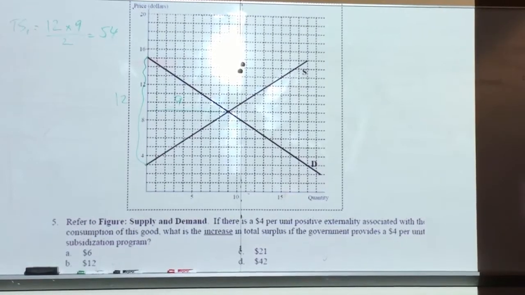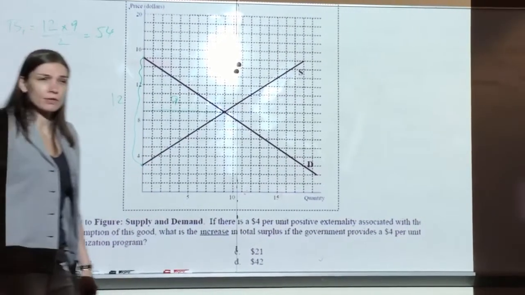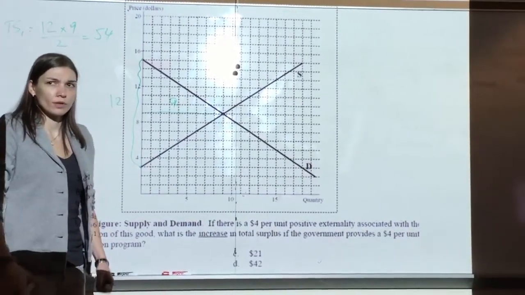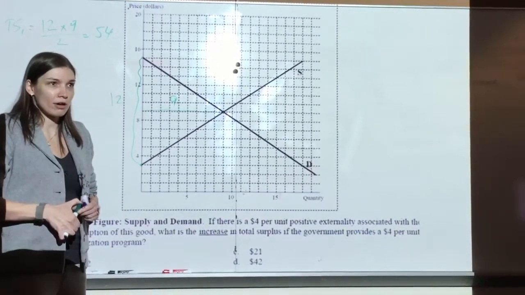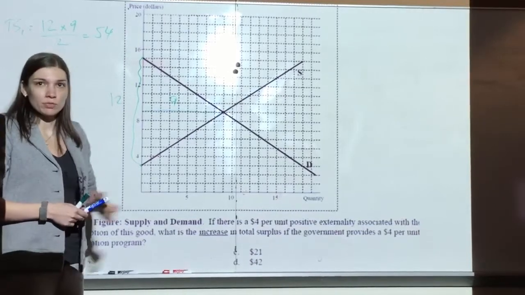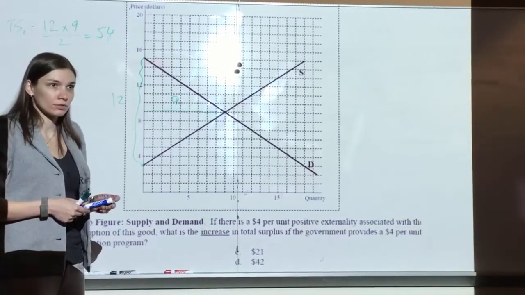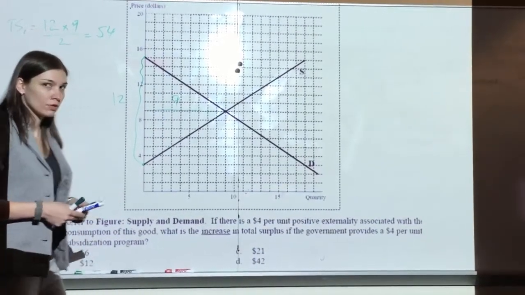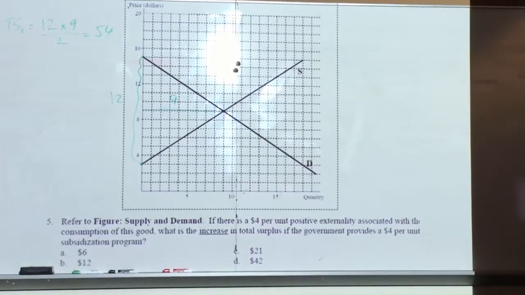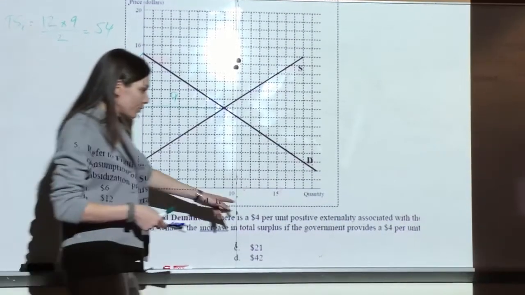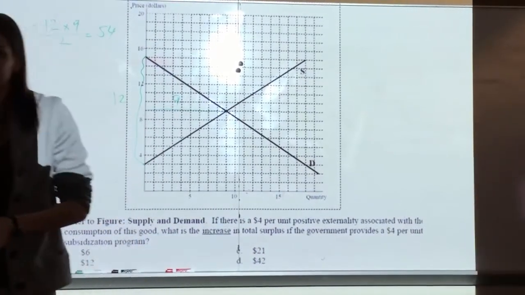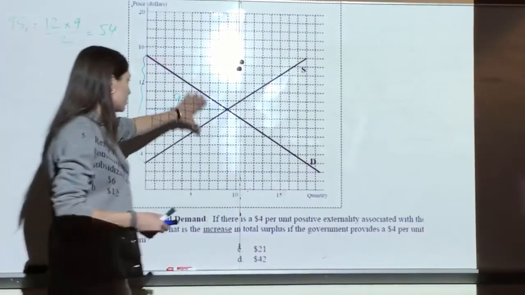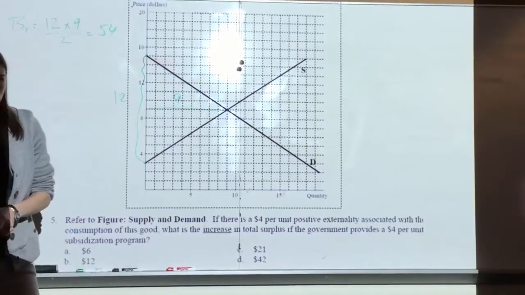Is that the total surplus with no government intervention? Yes. So the society does not get anything else out of the consumption of this good, besides what is represented here. Look at the question again. If there is a 4 per unit positive externality associated with this good, is that positive externality represented on the picture at all?